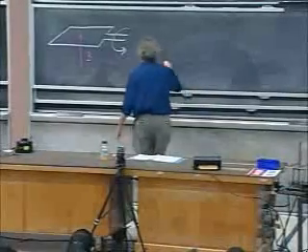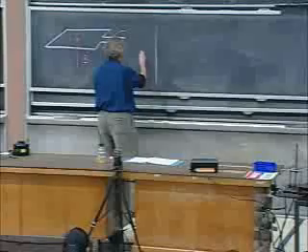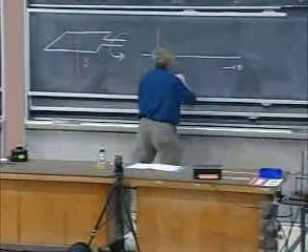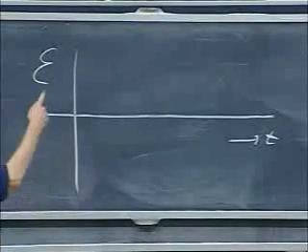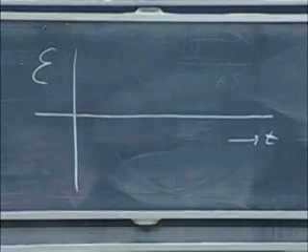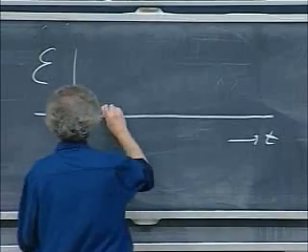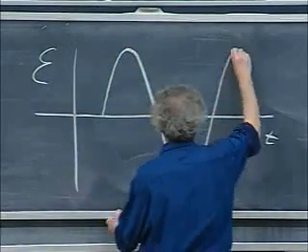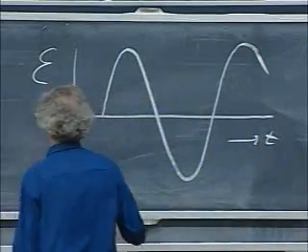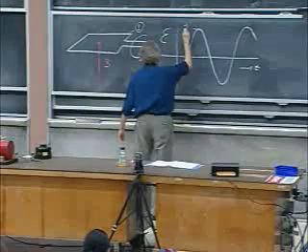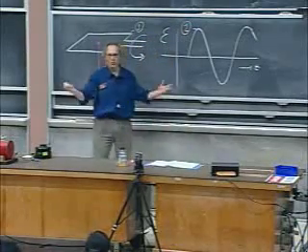And that induced EMF, which we derived, I think it was last lecture, as a function of time, will be a sinusoidal or cosinusoidal curve, and therefore will look something like this. I call this loop number 1, and so this is the EMF produced by loop number 1.